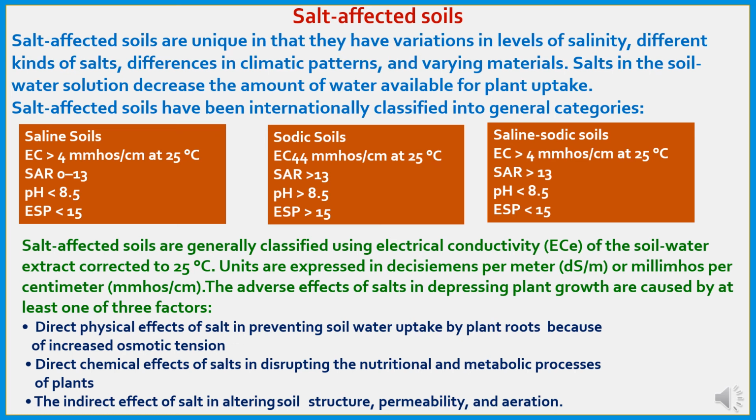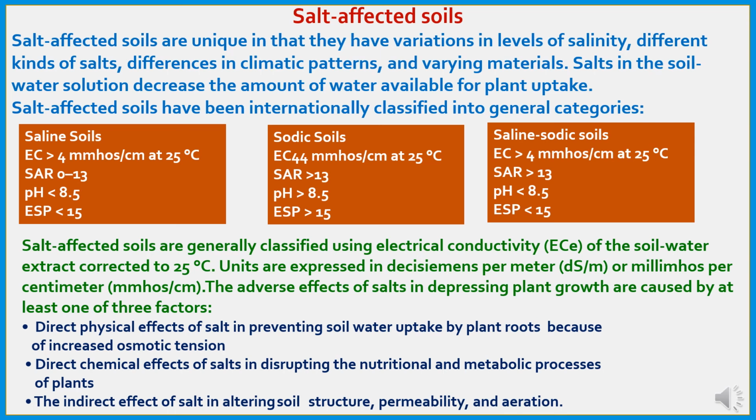In case of saline soils, the electrical conductivity is more than 4, sodium adsorption ratio is 0 to 13, pH is up to 8.5 and exchangeable sodium percentage is less than 15.